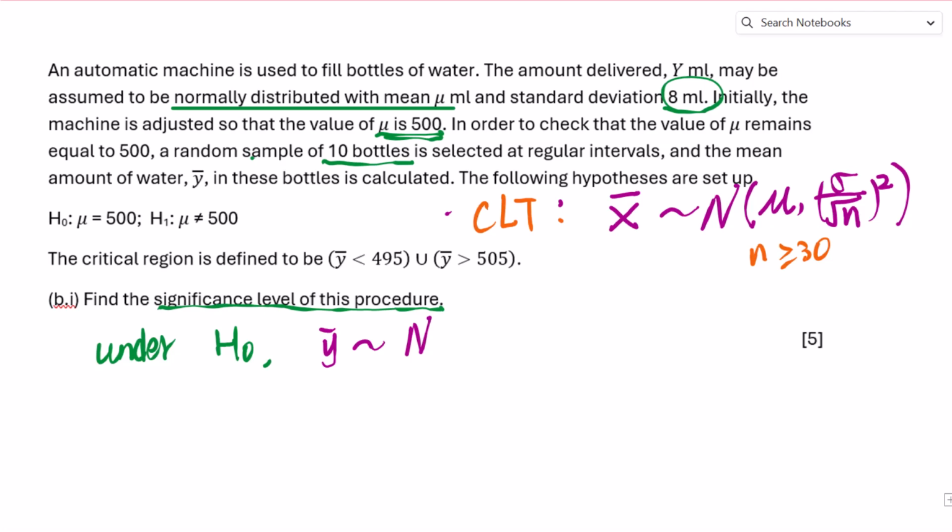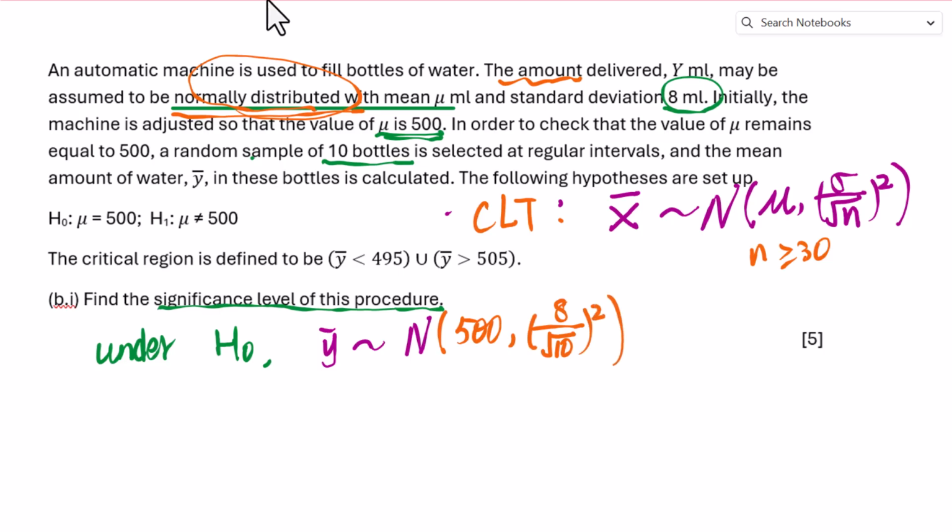But if the original data is normally distributed, this n can be any number. Amounts are assumed to be normally distributed. So we will put Y bar follows normal distribution with 500 as the mean, 8 over square root of 10 as the standard deviation.